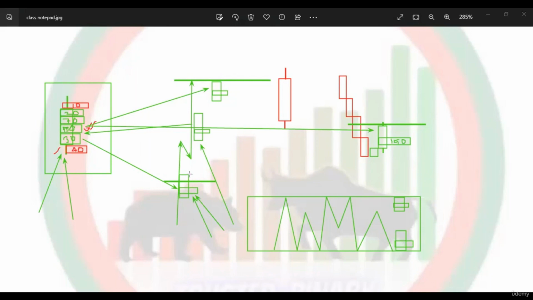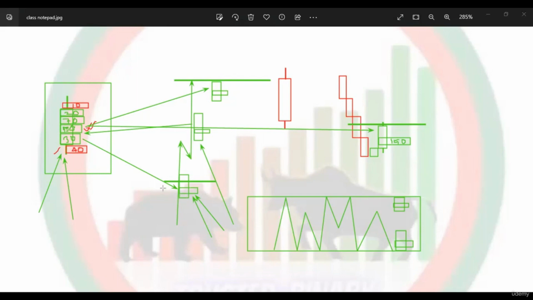Because of breakout, you will get again and again this type of example. It's not 100% that it does not come here, that is not the right explanation, sometimes it may come here, but most of the time it came to this point and then got rejected and goes up.